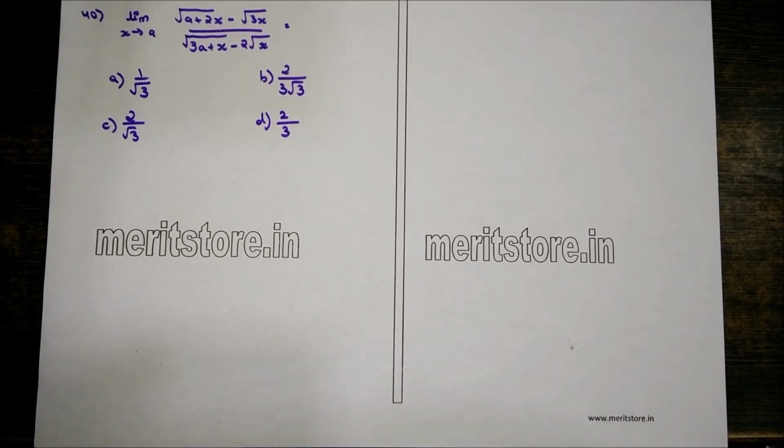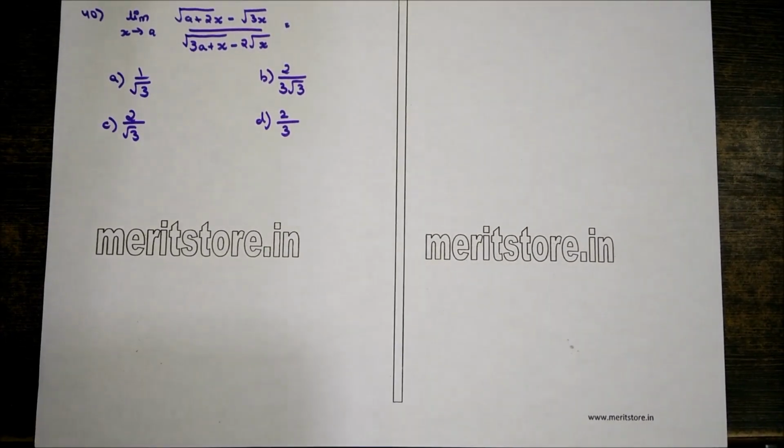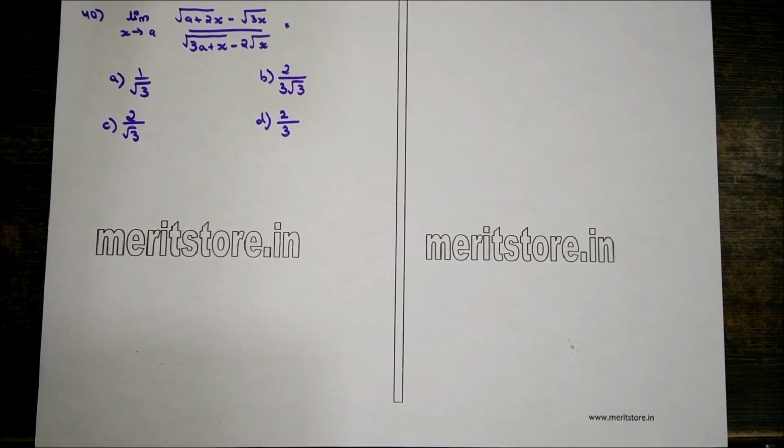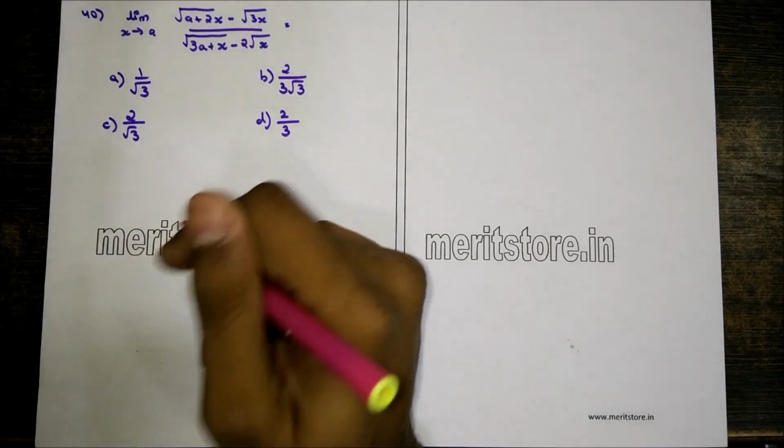Limit of x tends to a of (root of (a plus 2x) minus root 3x) upon (root of (3a plus x) minus 2 root x) equals: a) 1 by root 3, b) 2 by 3 root 3, c) 2 by root 3, or d) 2 by 3.